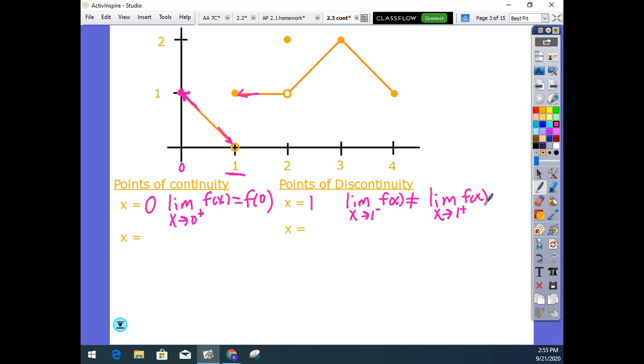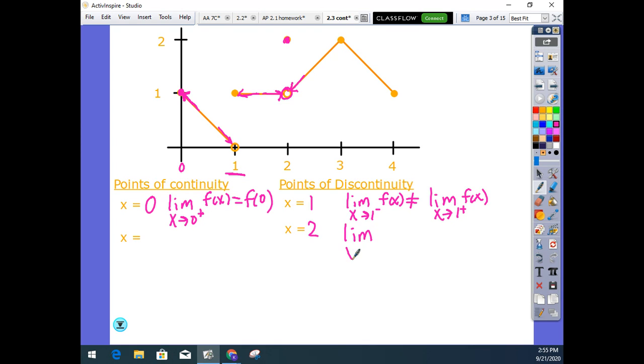Okay, how about at 2? Is it continuous or discontinuous at 2? Well, first of all, the limit from the left equals the limit from the right, but does the limit equal the y value? No. That's why x equals 2 is a discontinuity.